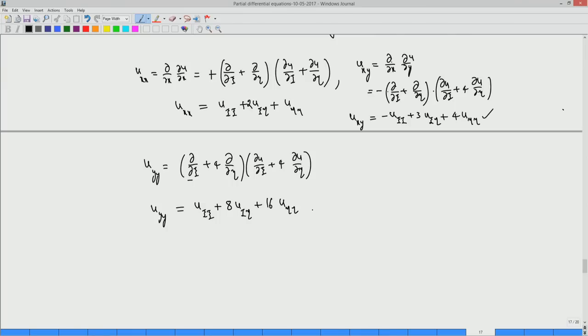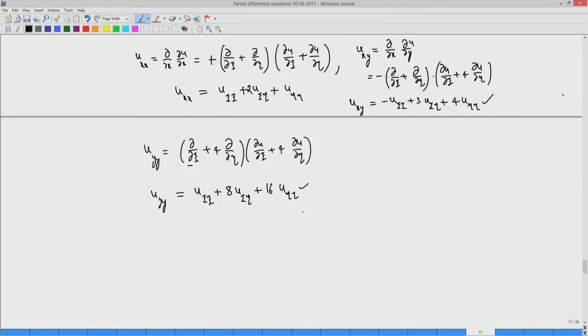It is just like an (a+b) whole square type. If you do this, you can easily see uξξ, then uξη: you have 2 times 4, which is 8, and 4 squared, finally 4 squared uηη. So this is how we get it.